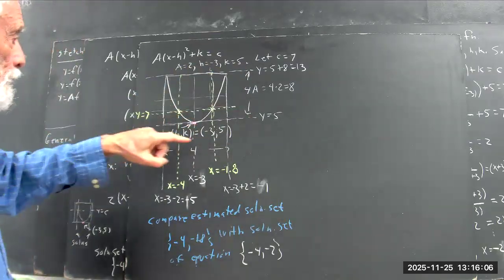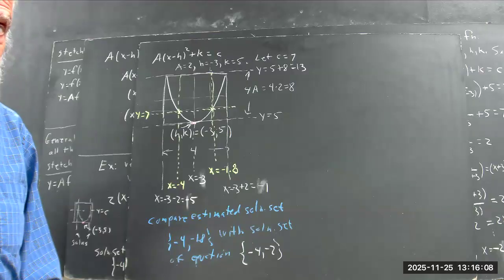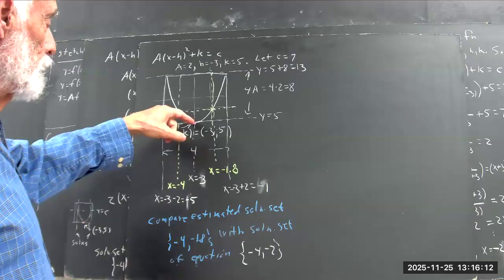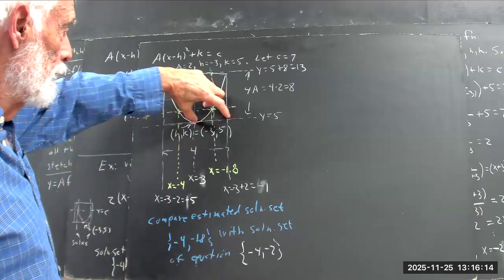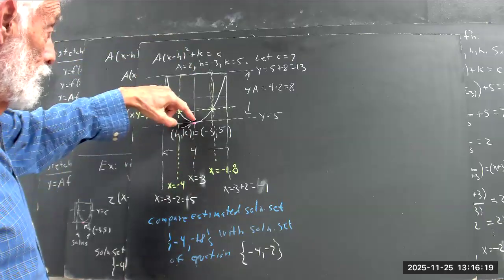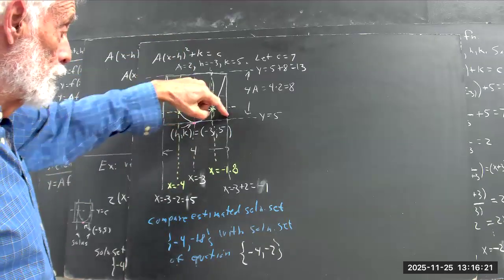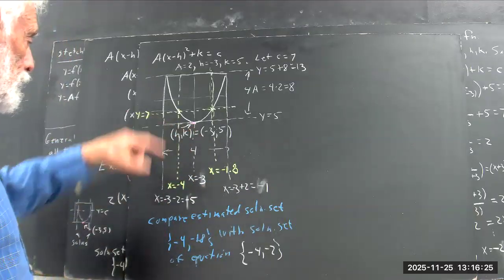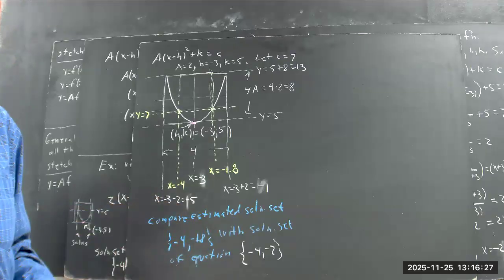The red dot is at hk, which is -3, 5. From that, you can see, well, this thing's 4 units wide. This is right in the middle, so you got 2 units here and 2 units here. If x is -3 in the middle, you go 2 units to the right, you get x equals -1. You go 2 units to the left, you get x equals -5.